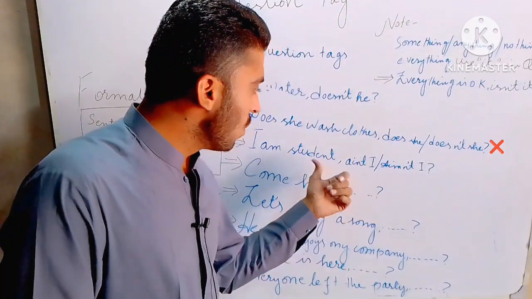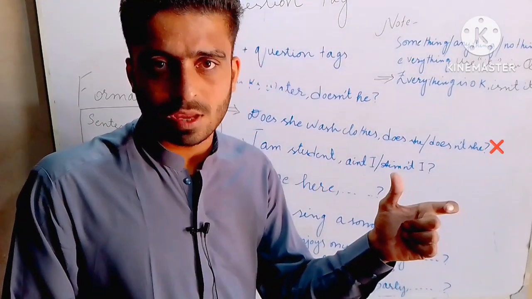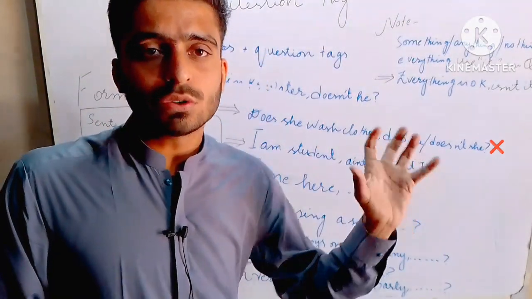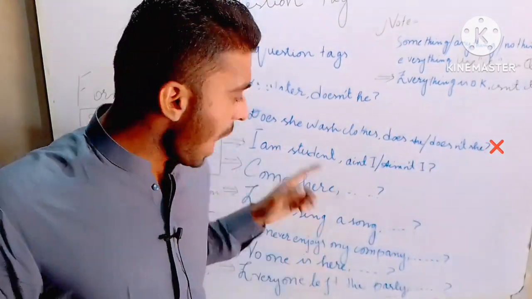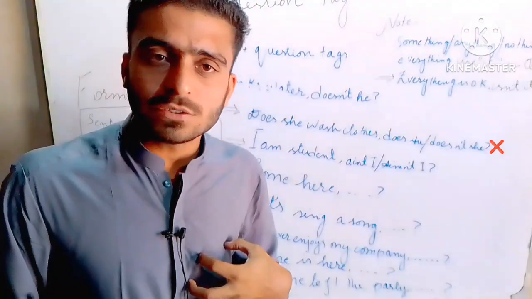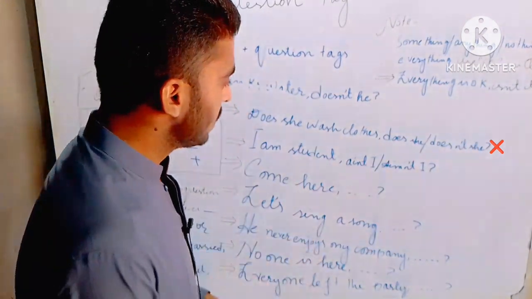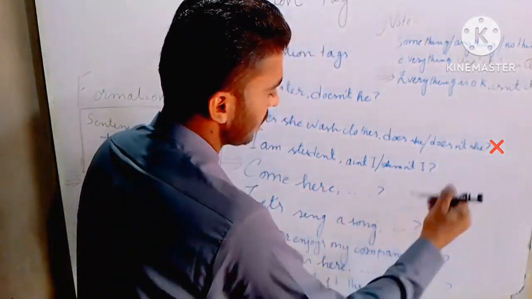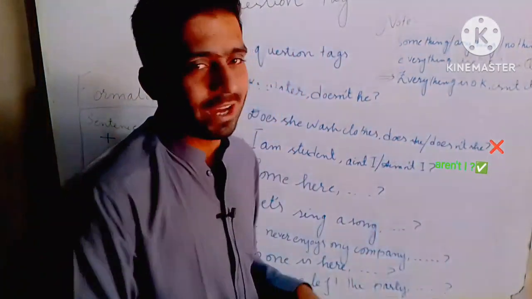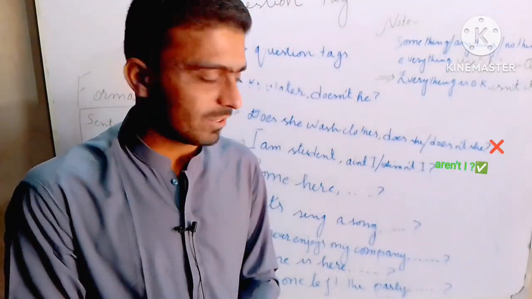In question tags we use aren't. When the subject is I, the question tag for I is aren't. I am a student, aren't I? I am Siddharth, aren't I? So both of the others are going to be incorrect. The correct one is aren't. We have to write that.